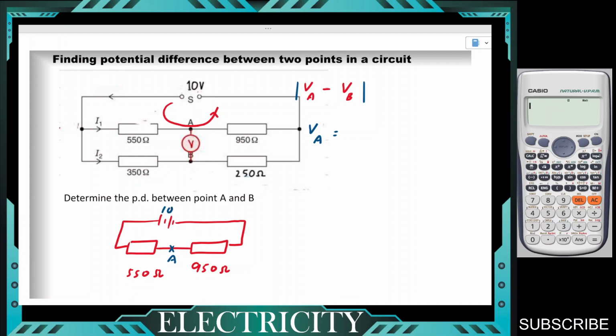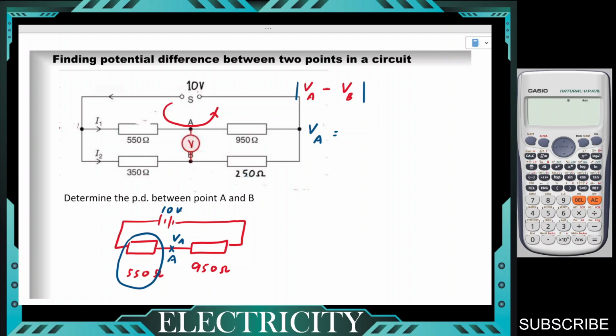And the total voltage was 10 volts. And before you do that, the voltage at A, this voltage VA, would equal the voltage that is left after you subtract the voltage dissipated across this resistor from the total voltage.